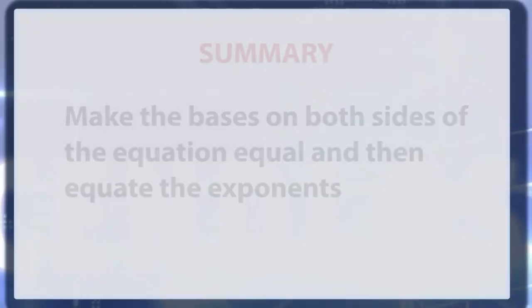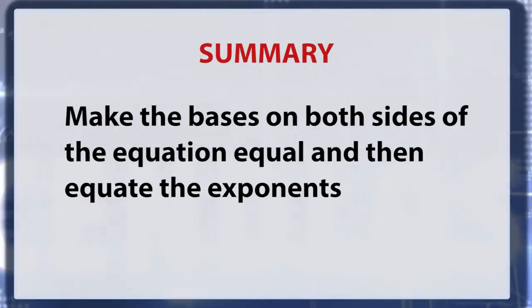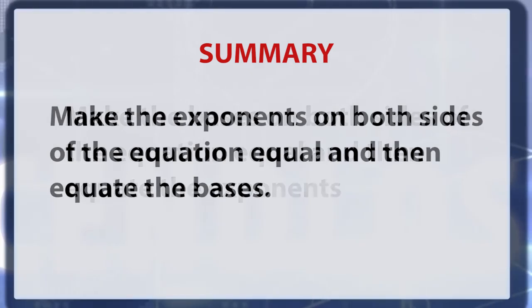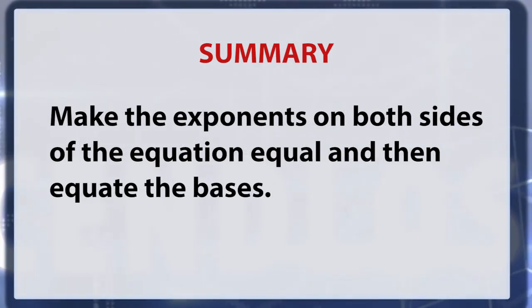Well. We have looked at how to solve equations involving indices. We have learned that to solve an equation involving indices, we should first make the bases on both sides of the equation equal and then equate the exponents, or we make the exponents on both sides of the equation equal and then we equate the bases.